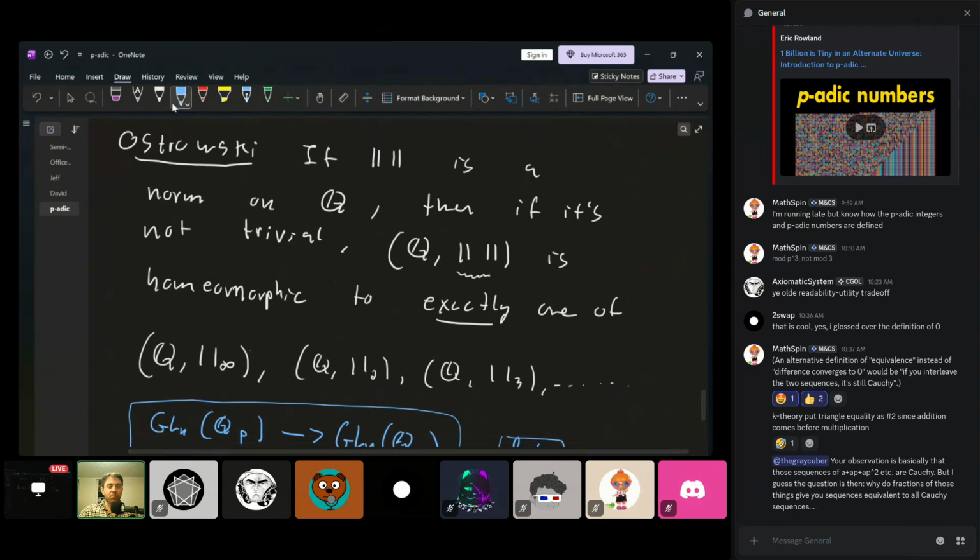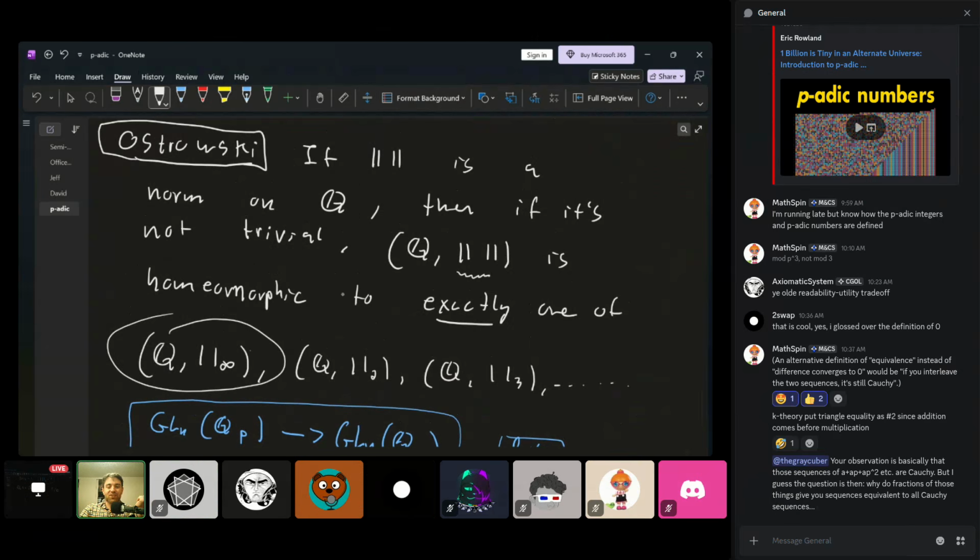But this is my favorite theorem because it is this beautiful classification. It's this topological question, right? Up to topological equivalence, what are the possible norms, the possible absolute values I could put on the rational numbers? And the answer is this arithmetic thing, right? It's classified by the prime numbers and this one other thing.